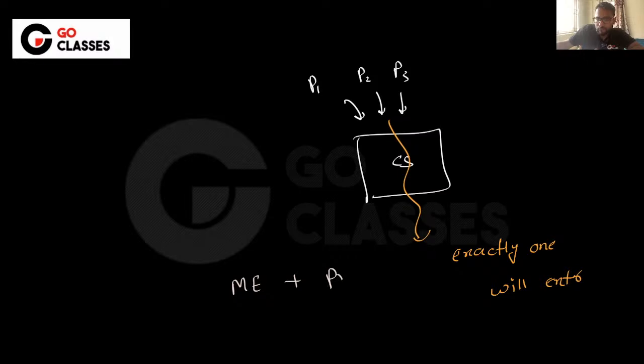Mutual exclusion plus progress say that exactly one will enter. But with bounded waiting also, no one will starve, which means that this one will also get to enter. Everyone will get a chance.